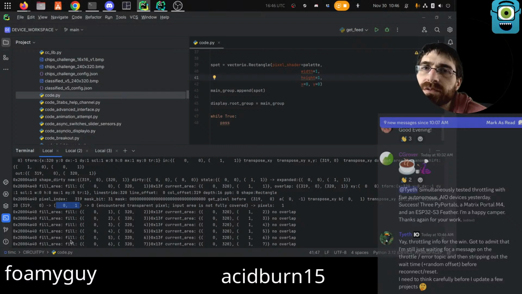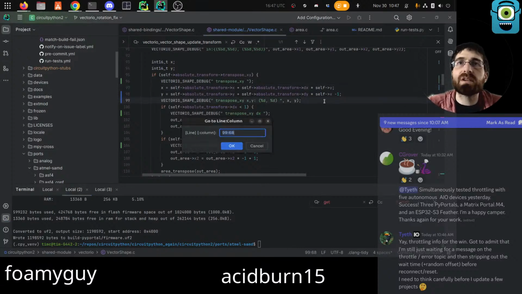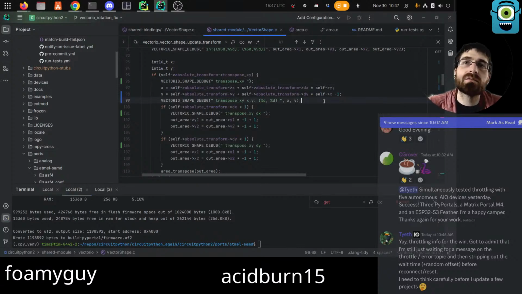But pixel 319, 0. Oh yeah, I was confused by this output yesterday.